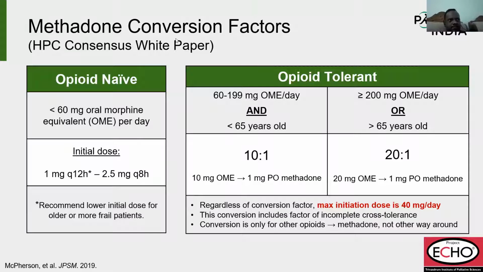Dr. Harimohan, there are many methods for conversion of oral morphine into methadone, and previously we were thinking which conversion method to use, but now because this white paper has come into action, we normally use the white paper consensus method, so we don't use any other methods now.